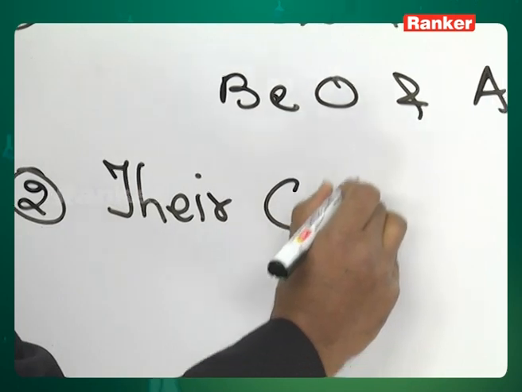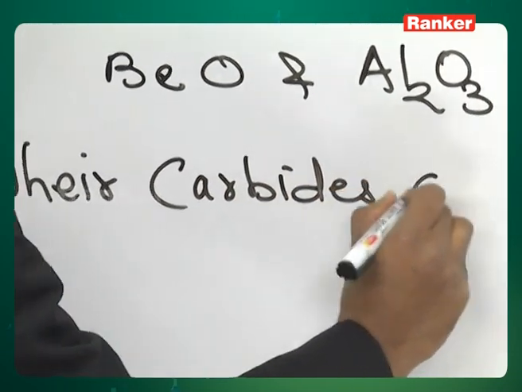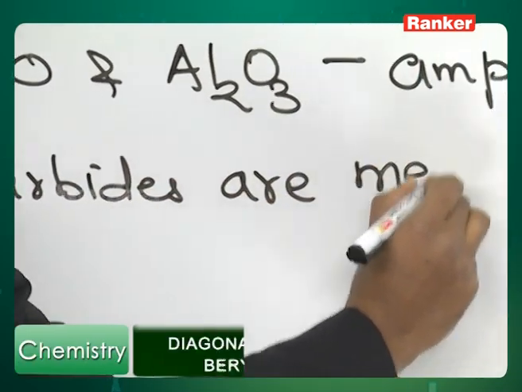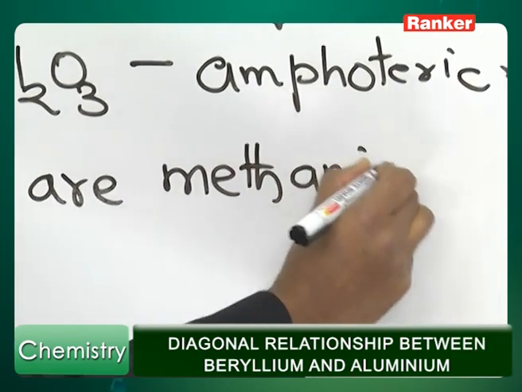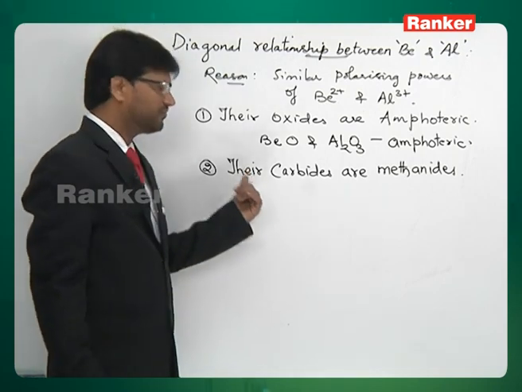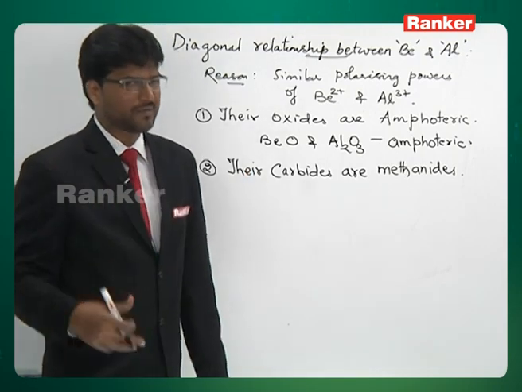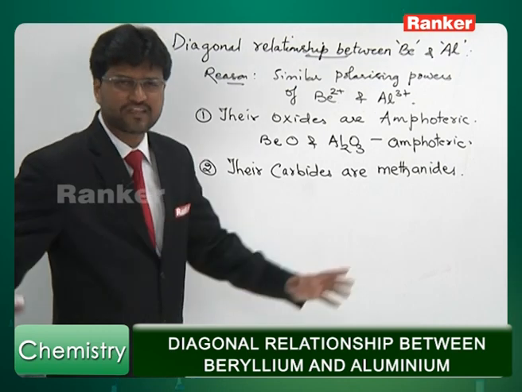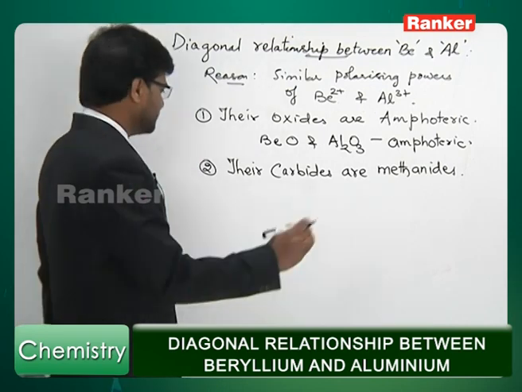Their carbides are methanides. That means if you hydrolyze the carbide of beryllium and the carbide of aluminium, both give methane on hydrolysis. Look at this reaction.